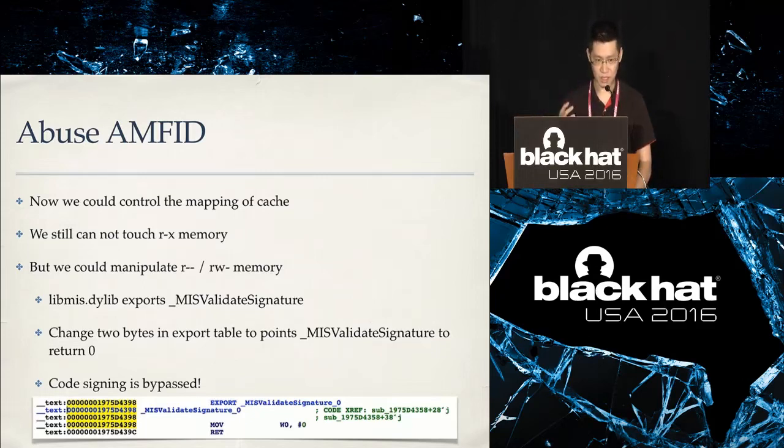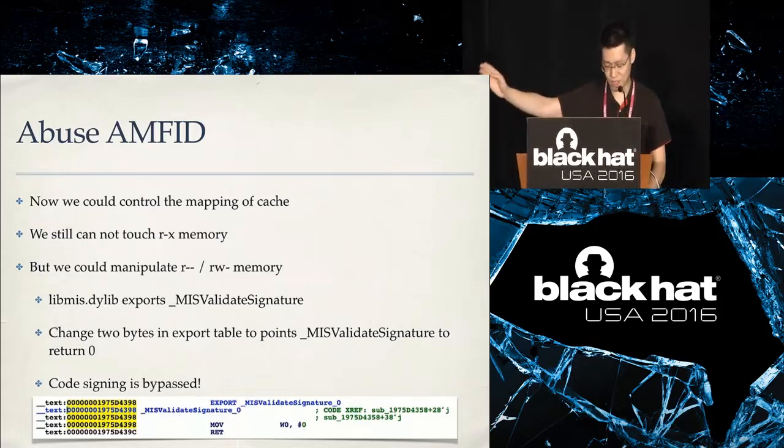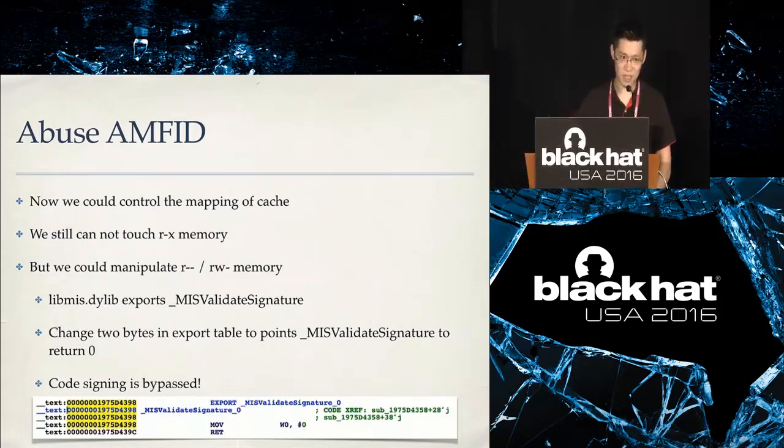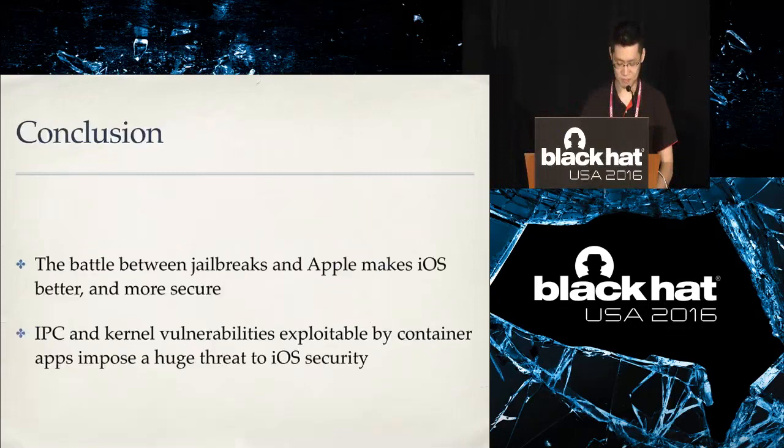We could point MISValidateSignature to some other function inside the dylib. We found these instructions, which are just a return 0. So after patching the shared cache, MISValidateSignature always returns 0. Then boom, MFID is defeated.